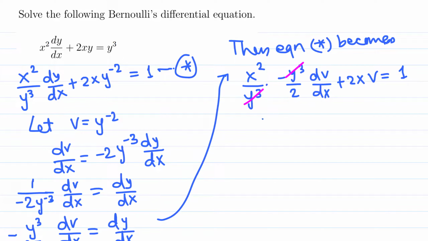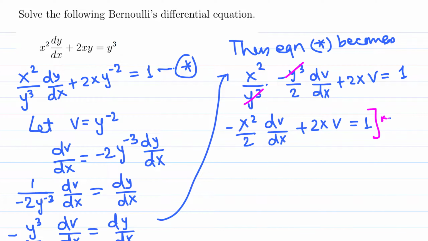Negative x squared over 2 dv over dx plus 2x v equals 1. Now v prime, or dv over dx, is a function of x, where x is the independent variable. So this is linear, but we don't want anything in front, so let's divide by negative x squared over 2, which is the same as multiplying through by negative 2 over x squared.